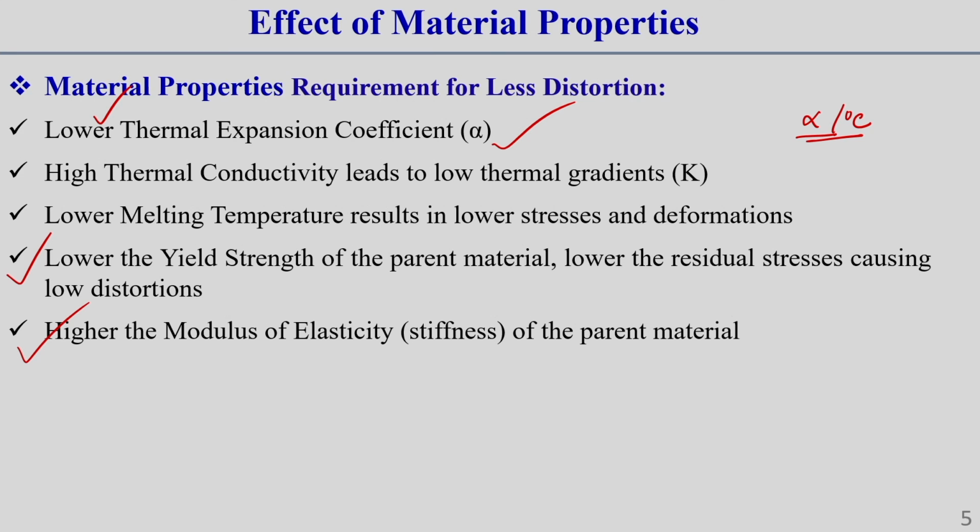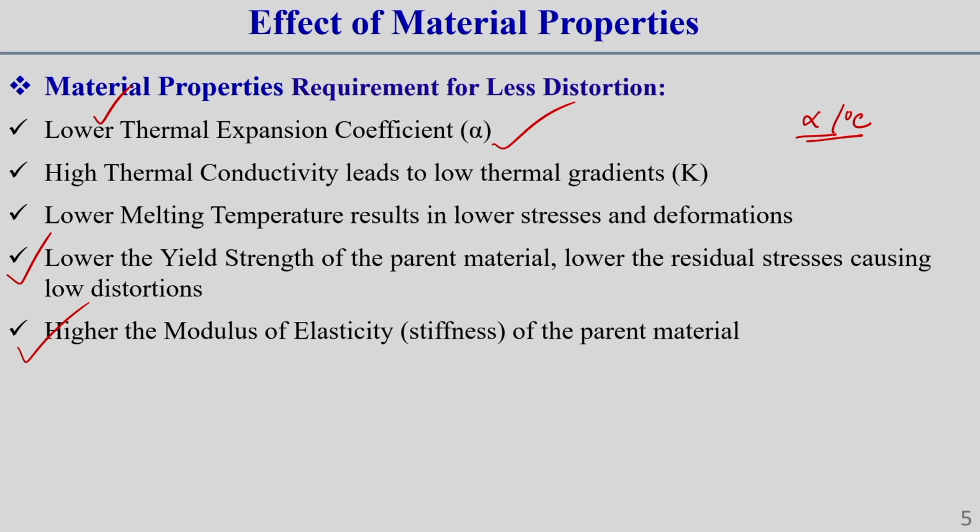Then another property is the modulus of elasticity, or Young modulus. It also has a significant effect on weld induced distortion. It is observed that it stiffens the plate; it acts as a stiffness characteristic, that means it provides some stiffness in the structure.